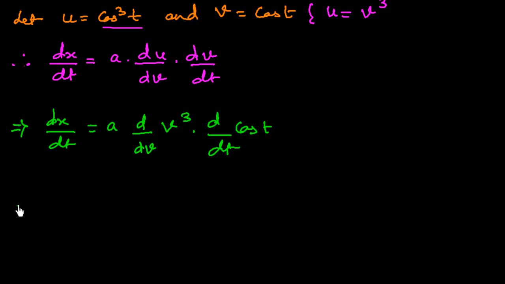Now dx over dt is equal to a times the derivative of v cube. If we differentiate v cube with respect to v, we get 3v square, and if we differentiate cos t with respect to t, we get minus sin t.